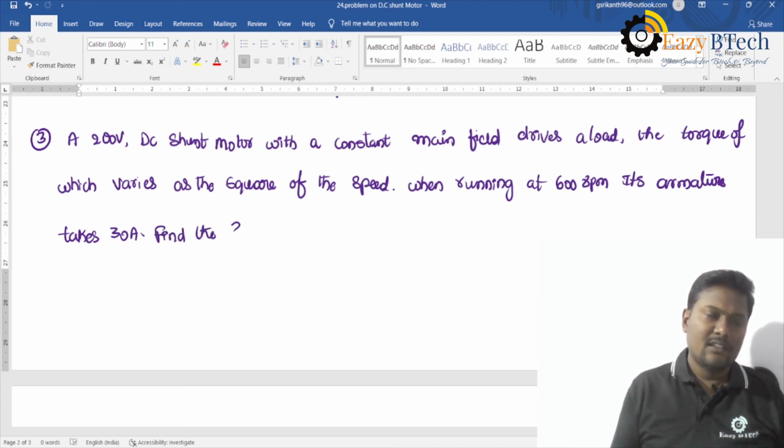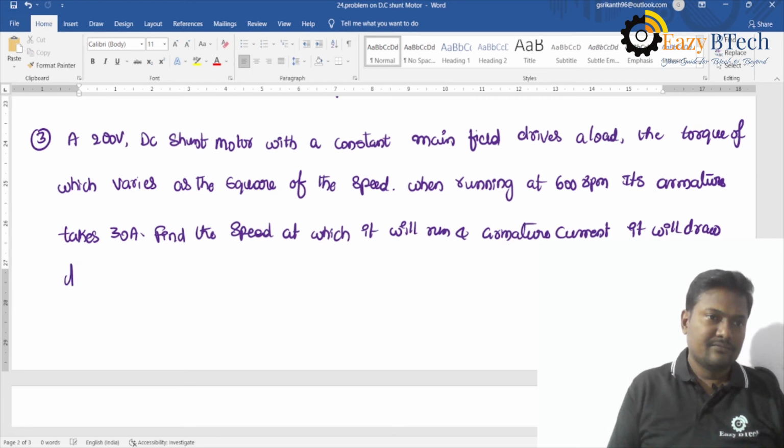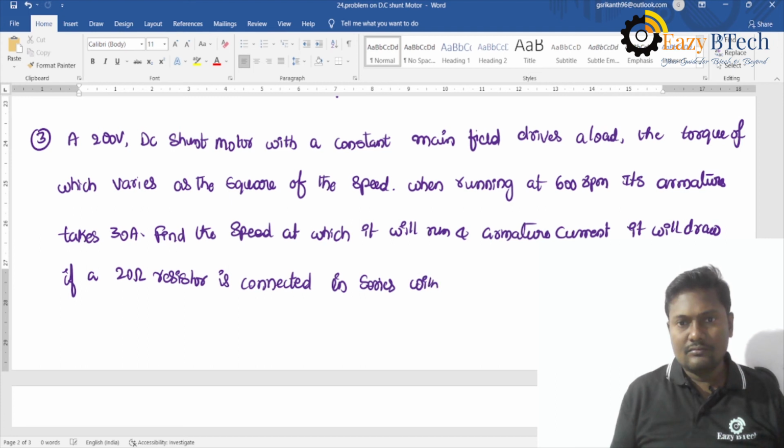Find the speed at which it will run and the armature current it will draw if a 20 ohms resistor is connected in series with the armature. Neglect motor losses.